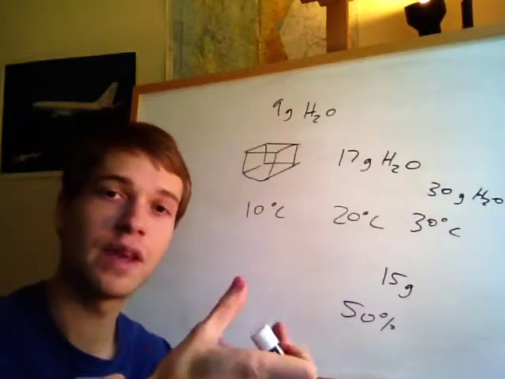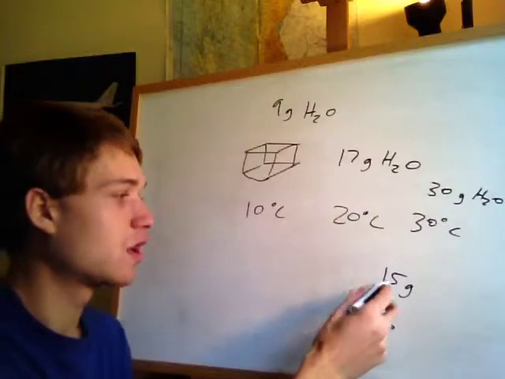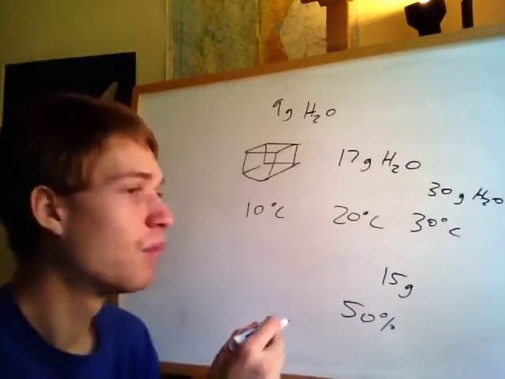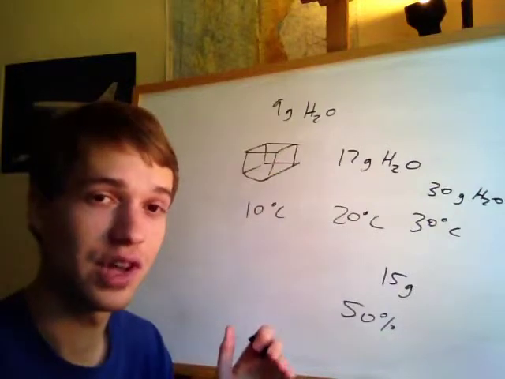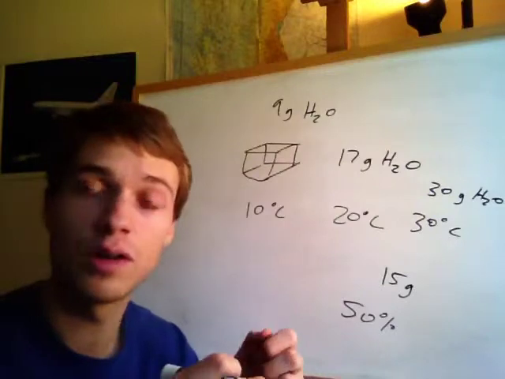Now, if you flip things around and cool air that has a certain amount of moisture in it to the point where it becomes 100% humidity, that point is called its dew point.